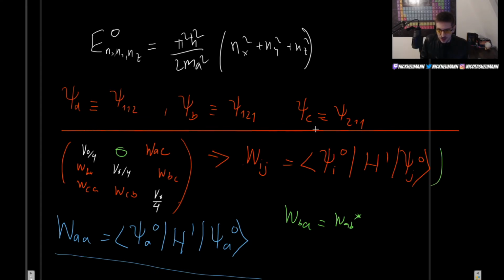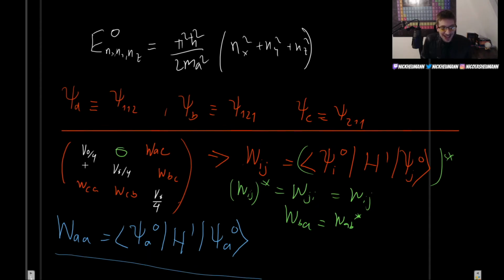If you take the complex conjugate of this, the ket turns into a bra, the bra turns into a ket, and the Hamiltonian is Hermitian. So Wij complex conjugate is the same as Wji, which is the same as Wij. My point is they're both the same. So Wba is also 0.